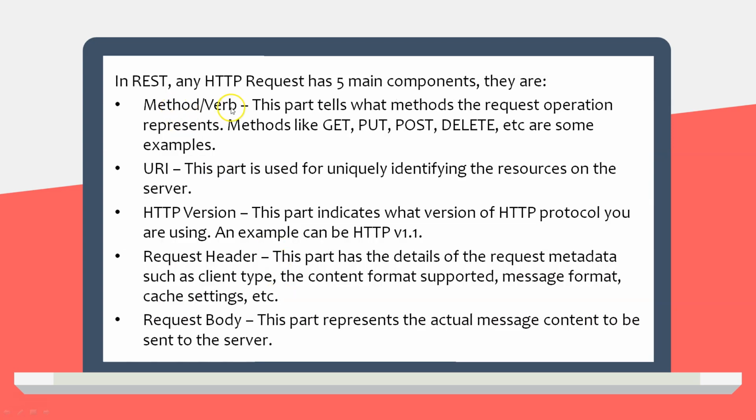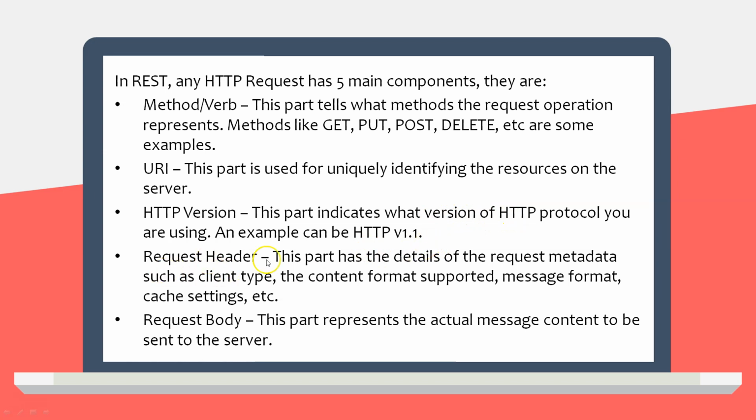Okay, method or verb, so this tells what operation the request represents, like get, put, post, delete, etc. URI, so this part is used for uniquely identifying the resources on the server, basically the endpoint. HTTP version, so this indicates the version of the HTTP protocol that we are using, for example 1.1.